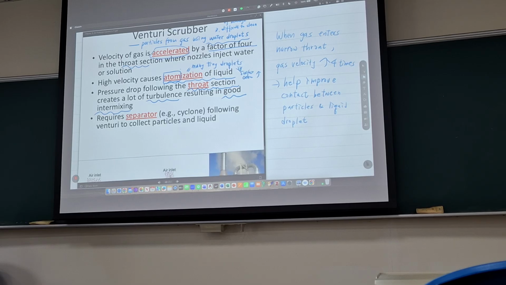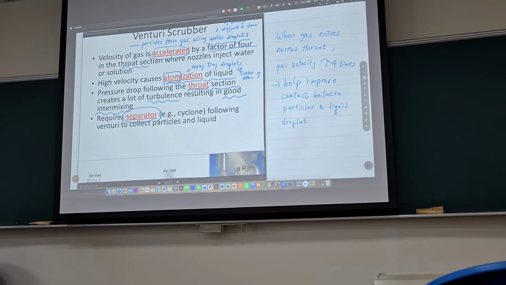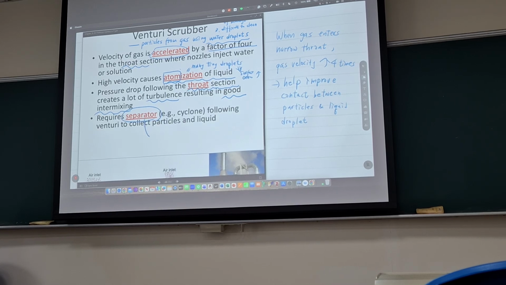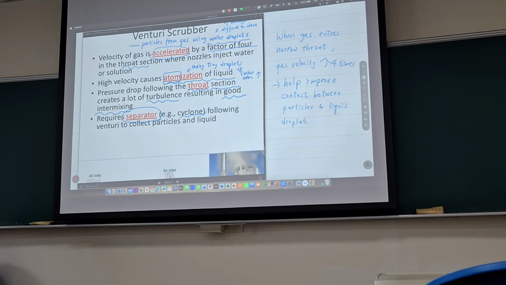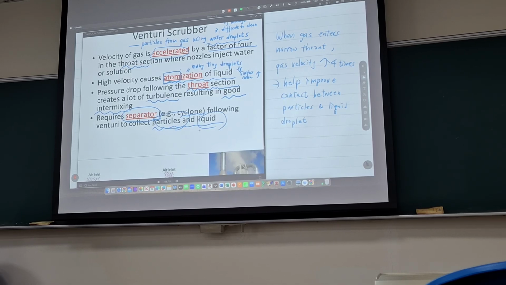So after that, we need a separator to separate the water droplets and gas, right? So what kind of separator can we use? Okay, I already mentioned here. We can use a cyclone, the one we learned previously, right? So we can attach a cyclone to it, to separate particles and liquid.